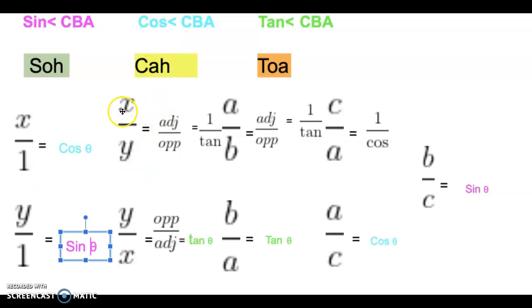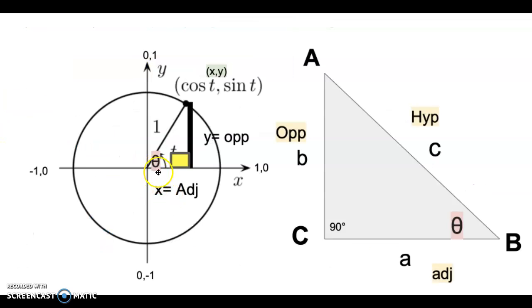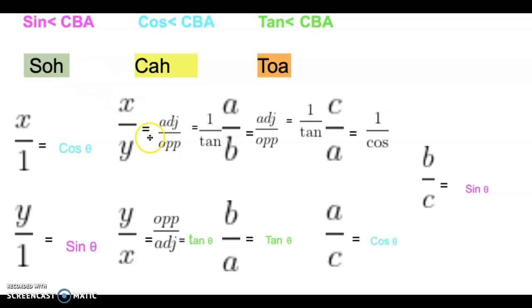Now we go to x over y, so adjacent over opposite. It sounds kind of weird because you wonder where that is. Well, it's the opposite of tan, actually.